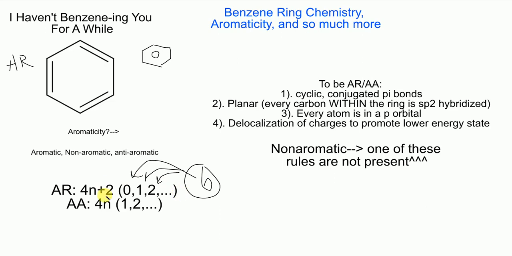So I'm testing this with these formulas. I see 4n plus 2, and if I plug in the number 1, I get the number 6. So I know that the benzene ring is aromatic.